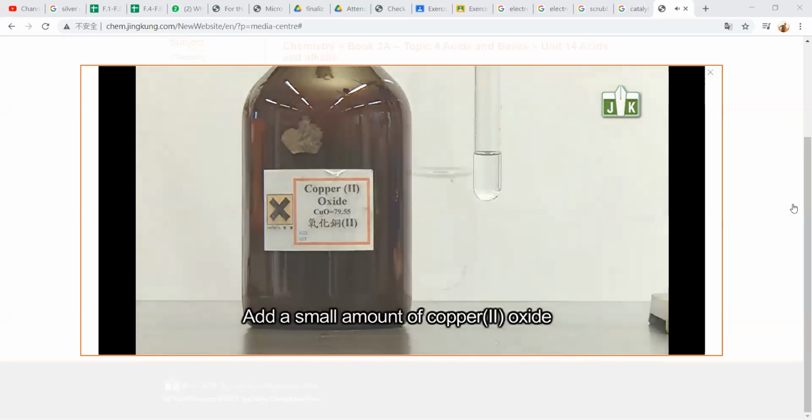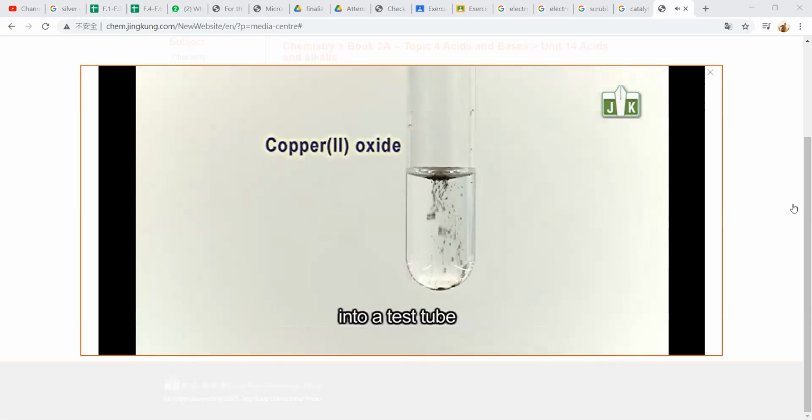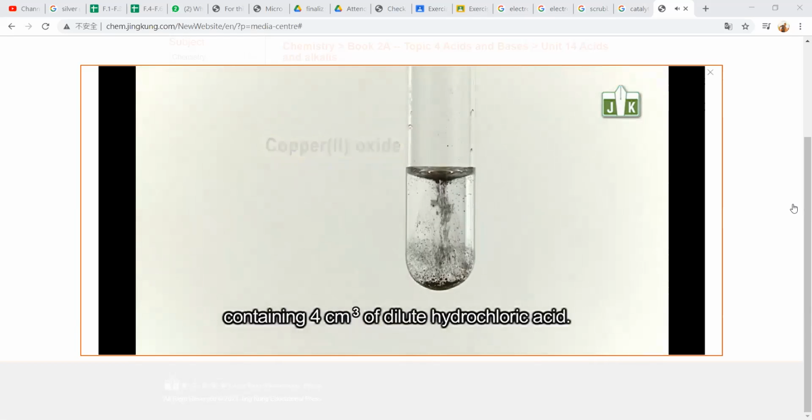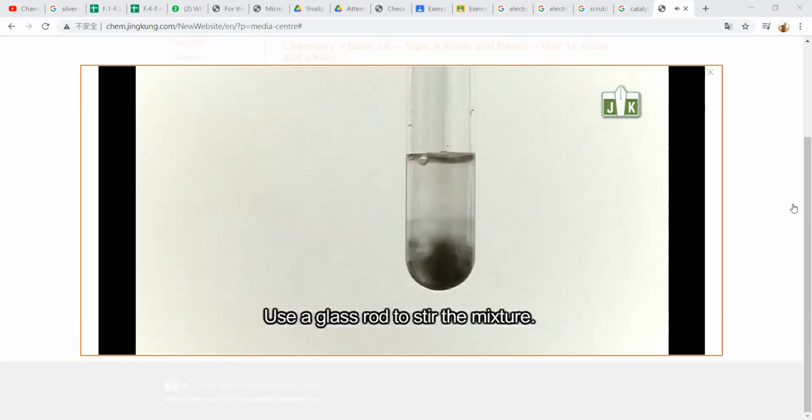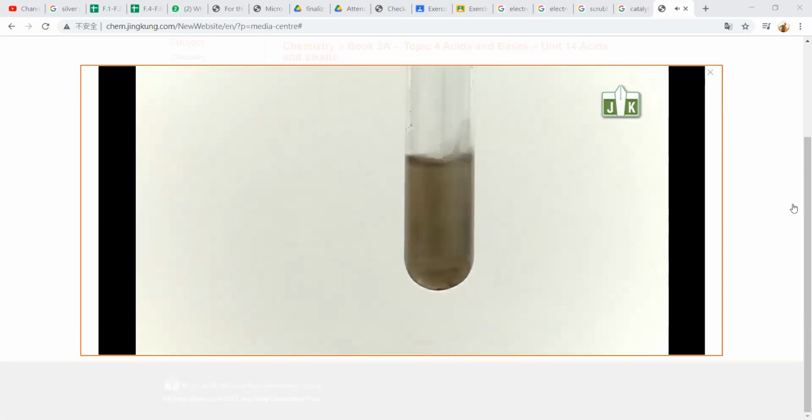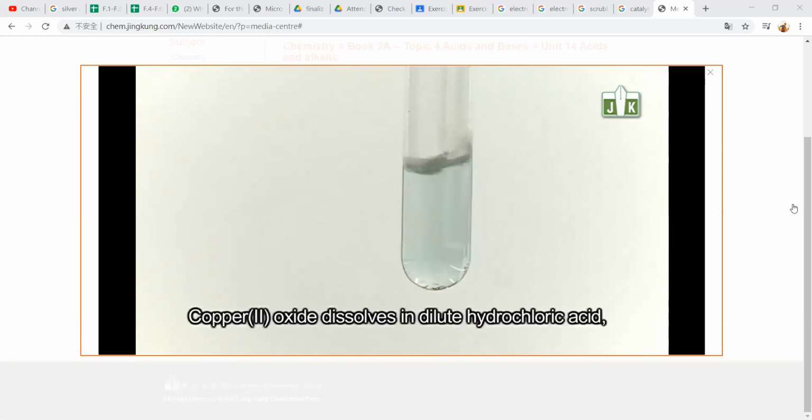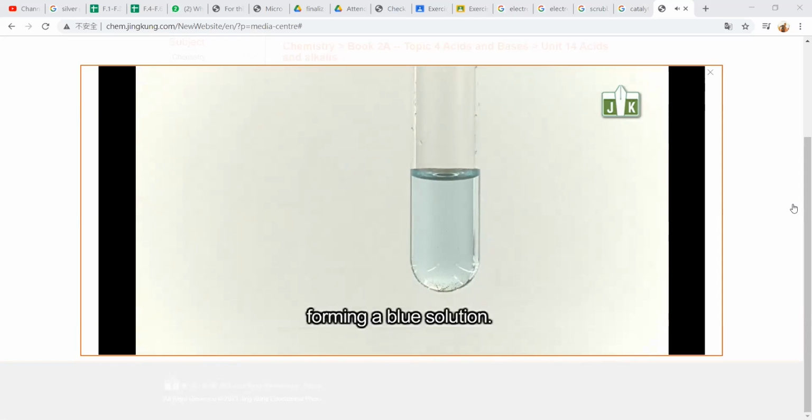Add a small amount of copper(II) oxide into a test tube containing 4 cubic centimeters of dilute hydrochloric acid. Use a glass rod to stir the mixture. Copper(II) oxide dissolves in dilute hydrochloric acid, forming a blue solution.